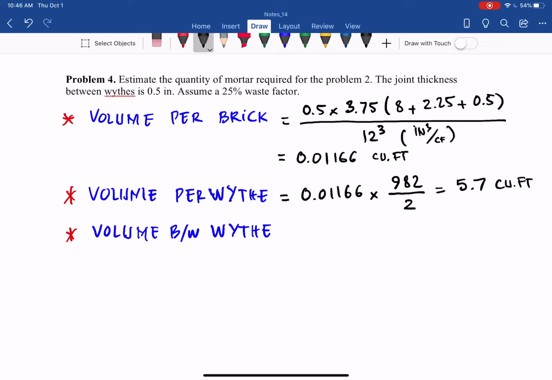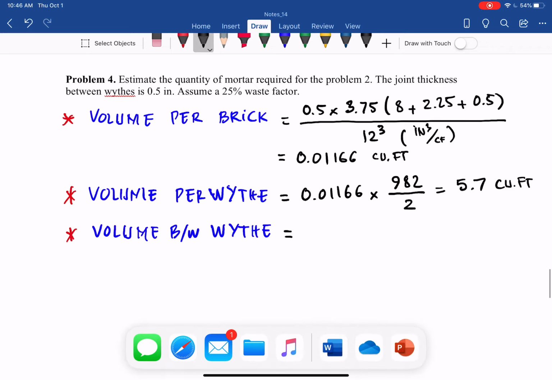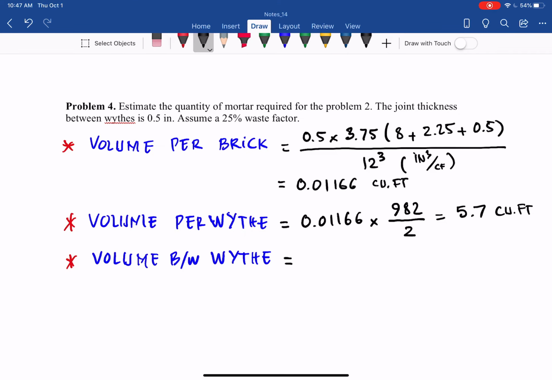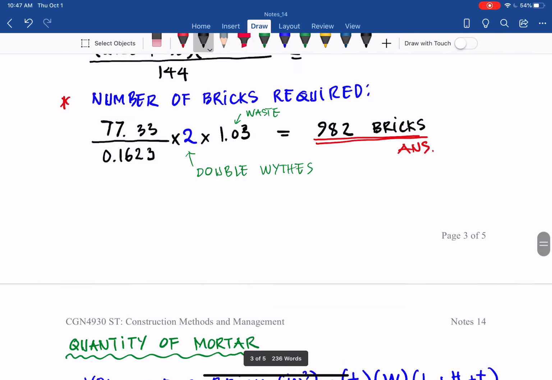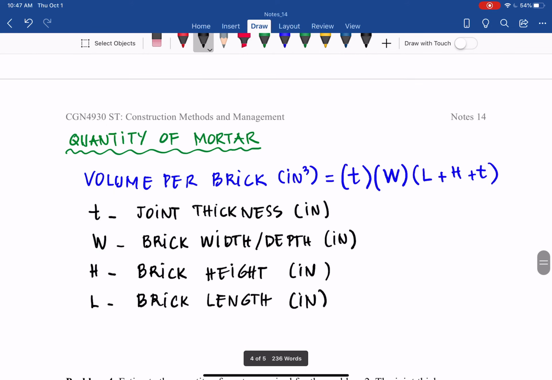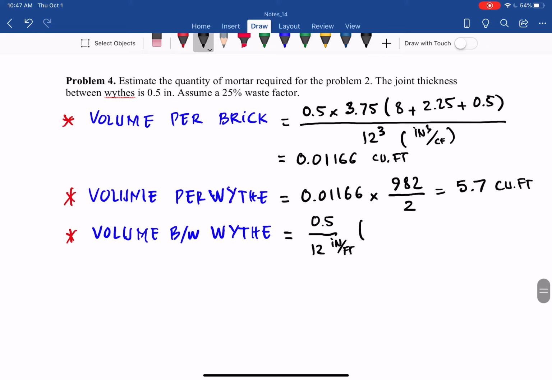The net area we found in problem 3, and the joint thickness between widths is 0.5 inches, as the problem gives. Because we want cubic feet, we divide by 12 inches over 1 foot, that is unit conversion, and multiply by the net area from problem 3, which is 77.33 square feet, which becomes cubic feet.